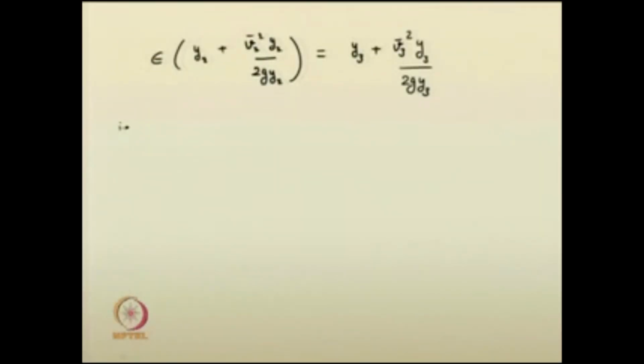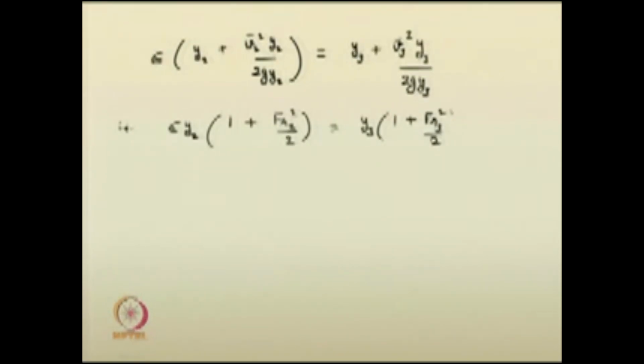So, that is epsilon into y 2 into 1 plus v 2 squared by 2 g y 2, which is nothing but half of the square of the fluid number, right. So, this is y 3 into 1 plus Fr 3 squared by 2.